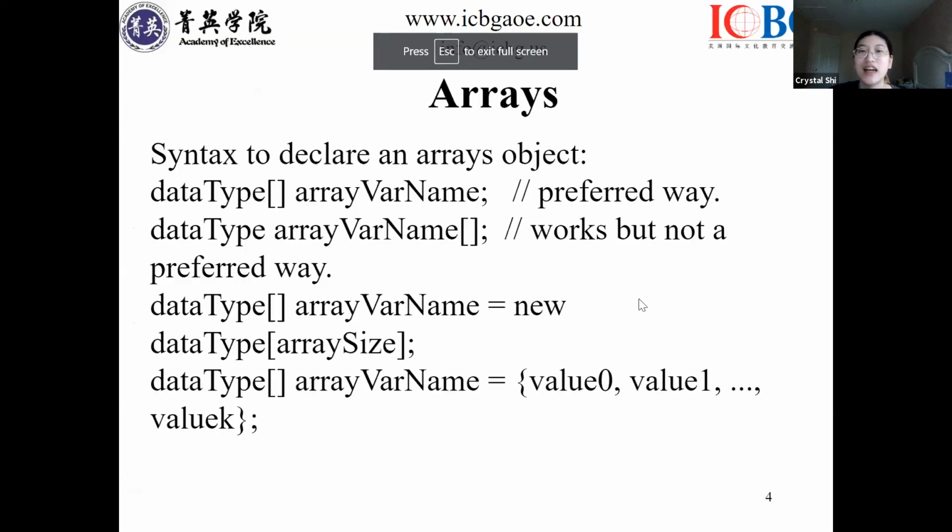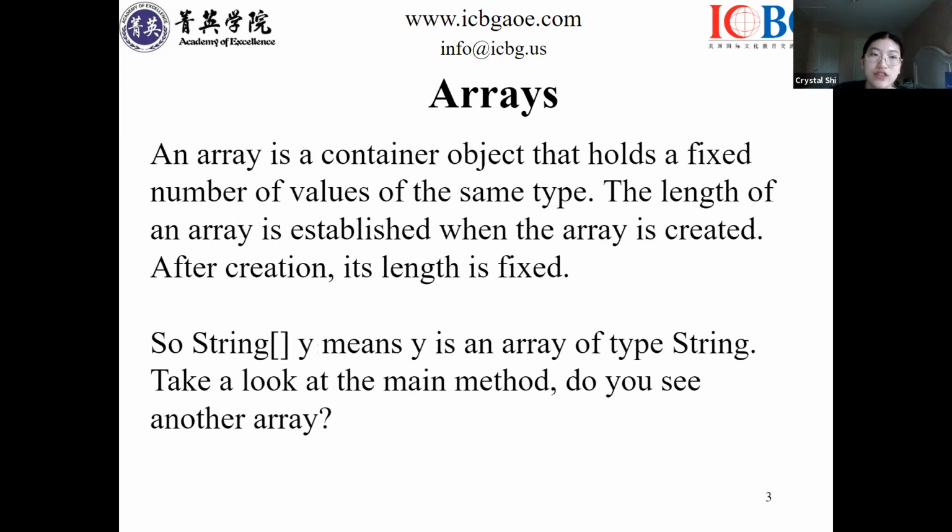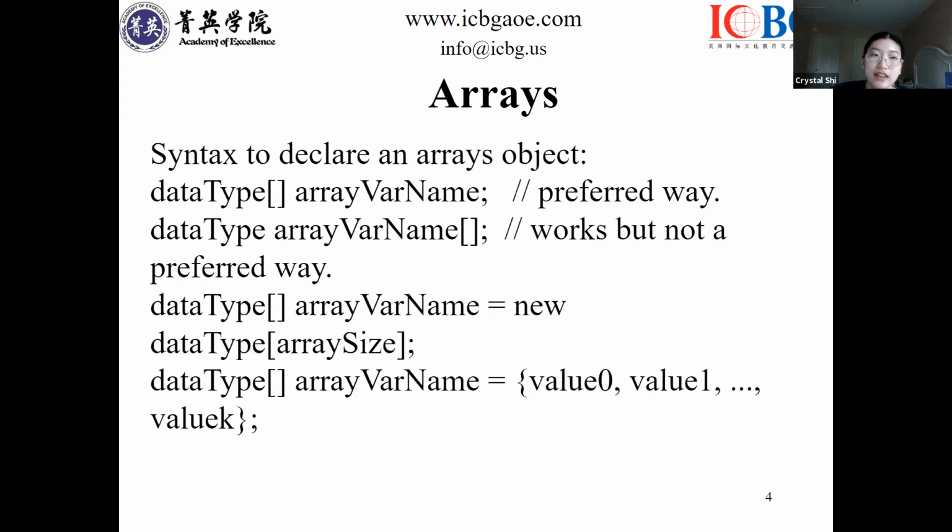So here's the syntax on how to declare an array object. The preferred way is to say data type. In our previous slide, it was String, right? We had String with double brackets. So here it can be any data type: data type, brackets, array variable name. Whatever you're going to name your array, right?